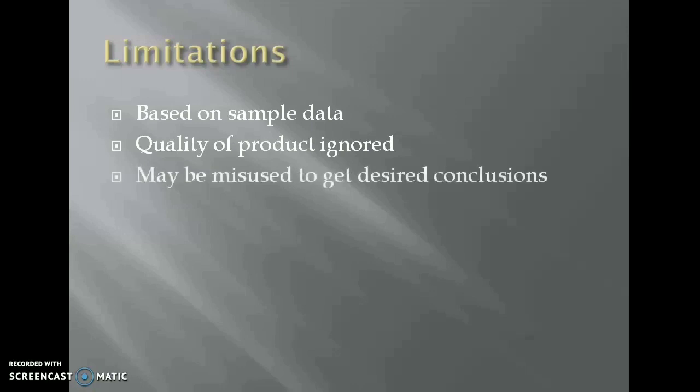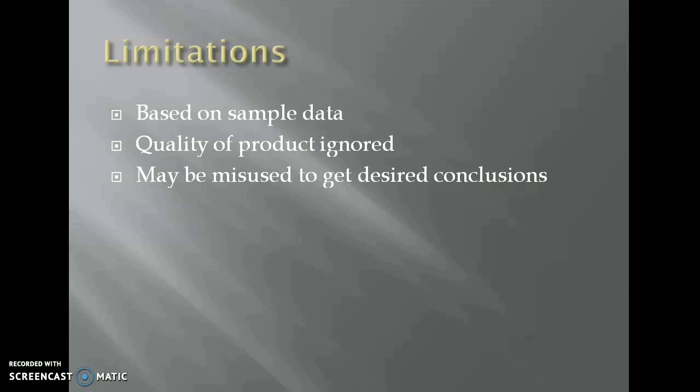And the third one is, may be misused to get the desired conclusion. We have already seen that this index number is prepared based on sample data, isn't it? For example, one person wants to prove that there is demand for his products in our country. So he will go to that particular locality where there is more demand for his products.